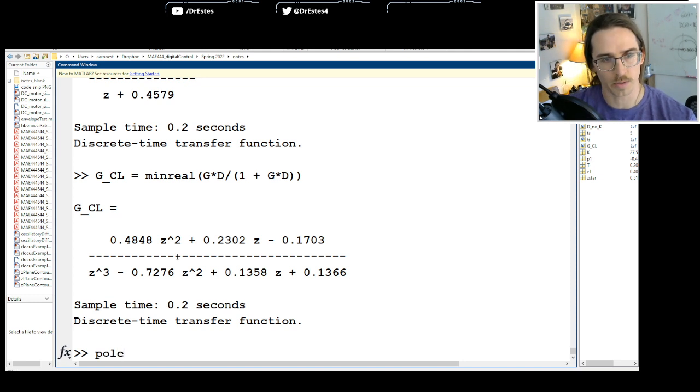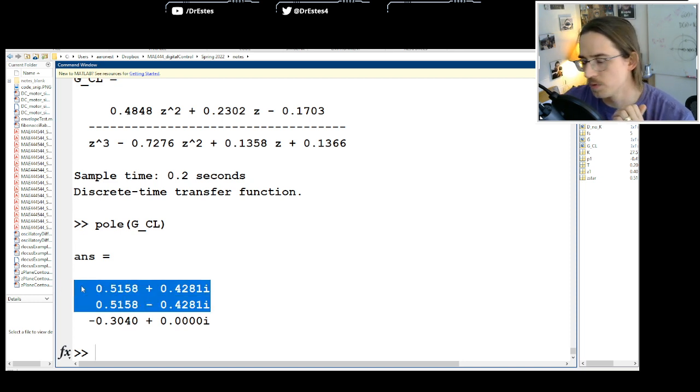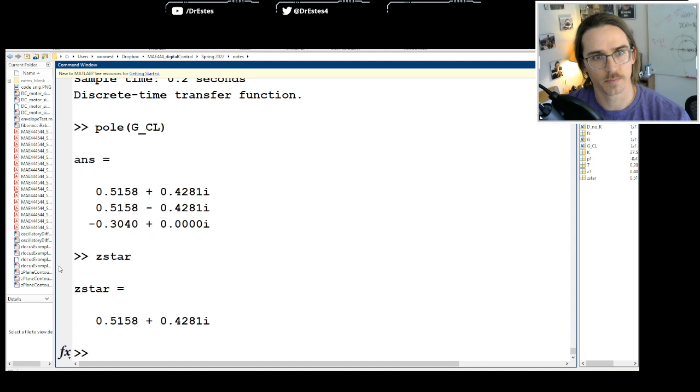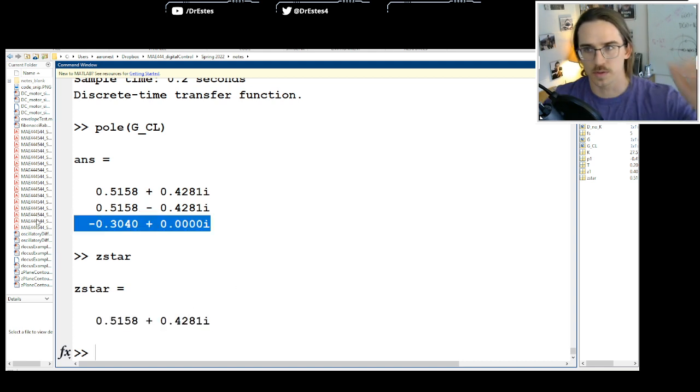So we use the pole command to figure out what the closed loop poles are. And there's going to be 3 of them. So these first 2, these are the ones we specified. These are equal to Z star. Like if you want to check, our Z star variable should be the same. Boom. That's good. This is the third closed loop pole.